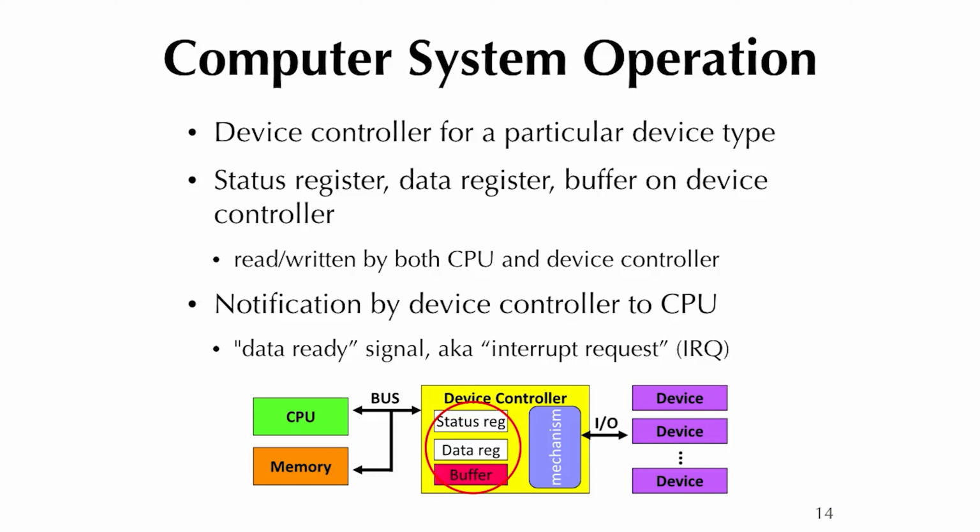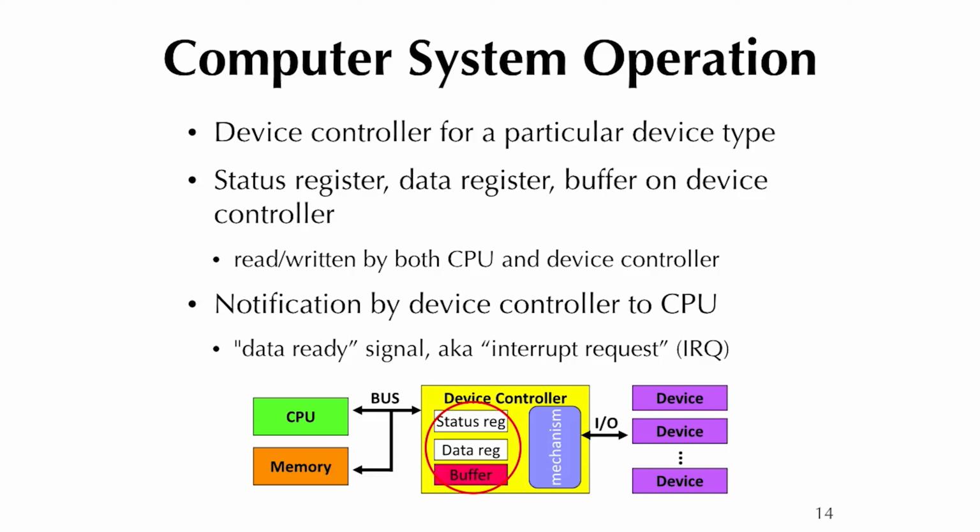The more efficient way would be to have a wire from the device controller to the processor, an interrupt line. So when the device finishes whatever it's doing, it asserts that interrupt line. I mean, logically you think it's set to 1, but most likely it's asserted as active low. You pull it down. And it's sometimes called IRQ.